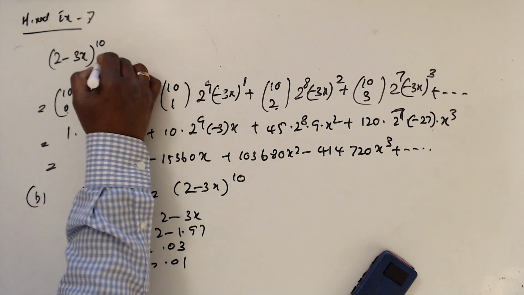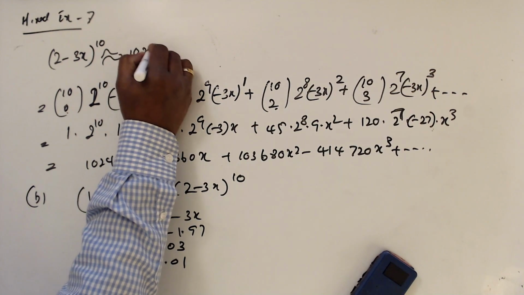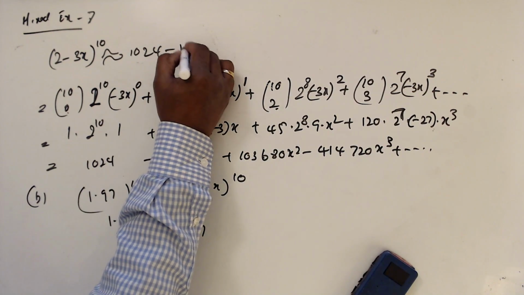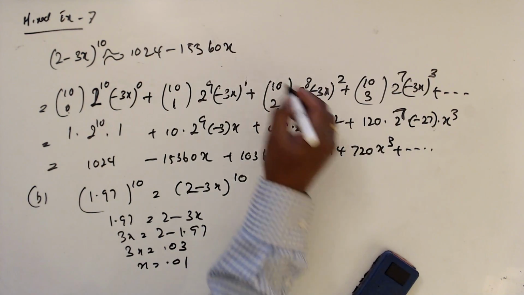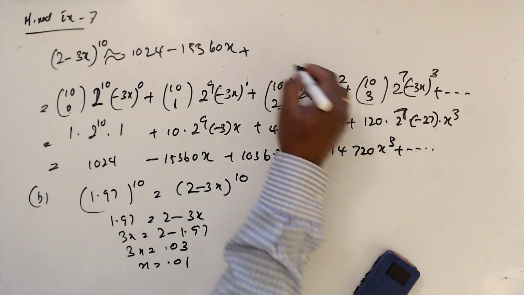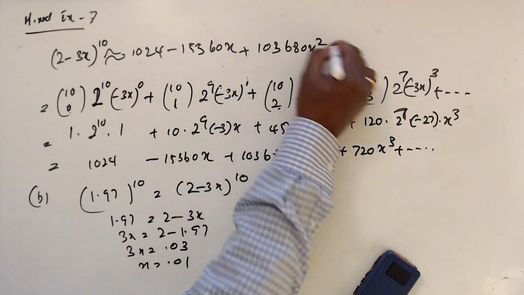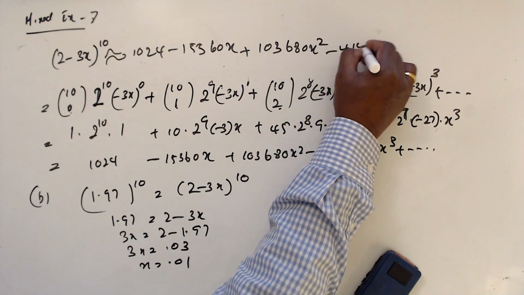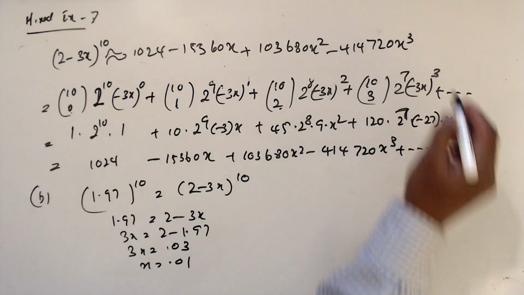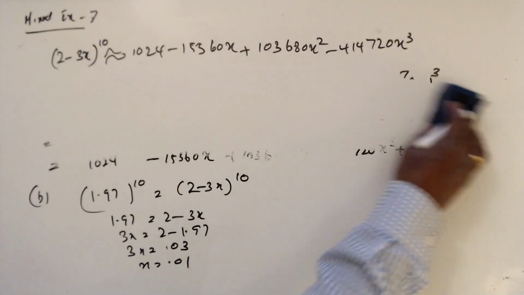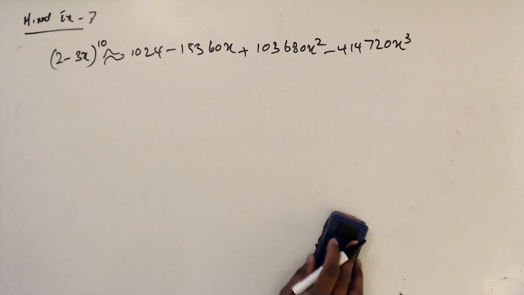I'll write only 3 terms now. 1024, 15360, x equals 0.